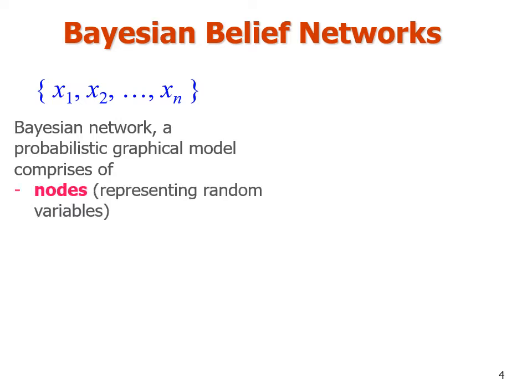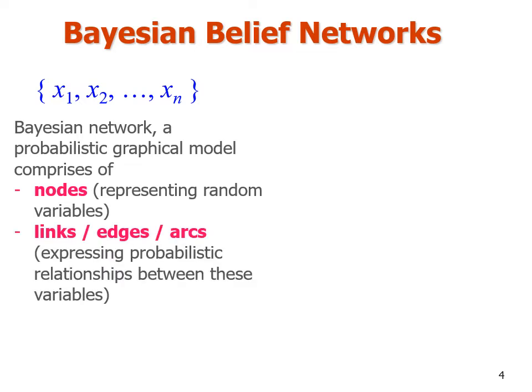Nodes represent the random variables, whereas links, edges or arcs express probabilistic relationships between these variables. Now let us try to draw a simple Bayesian belief network having 4 variables x1, x2, x3 and x4.